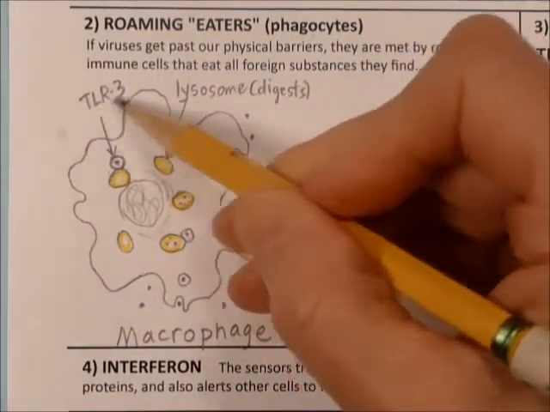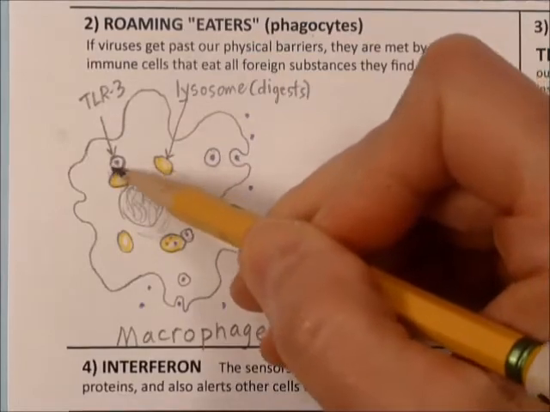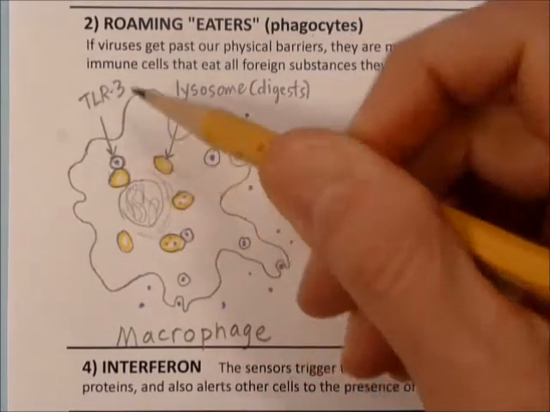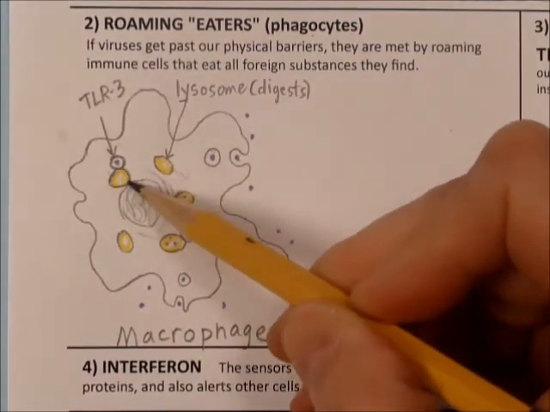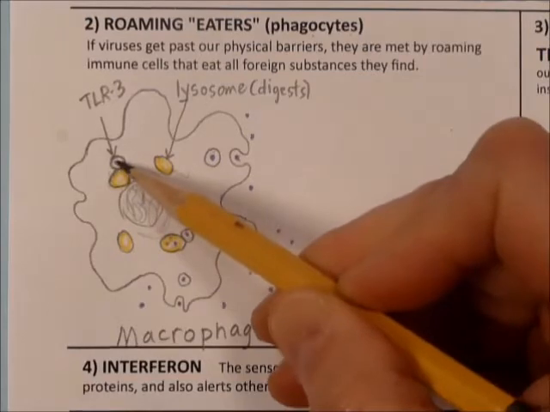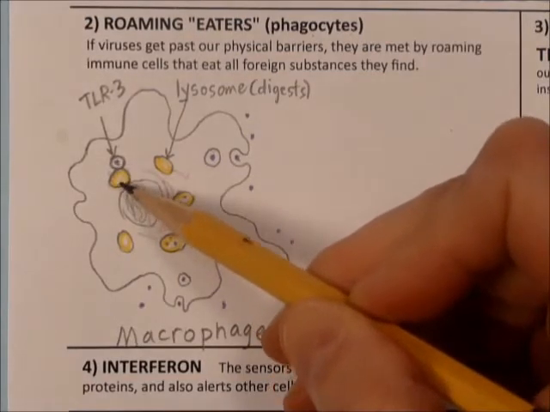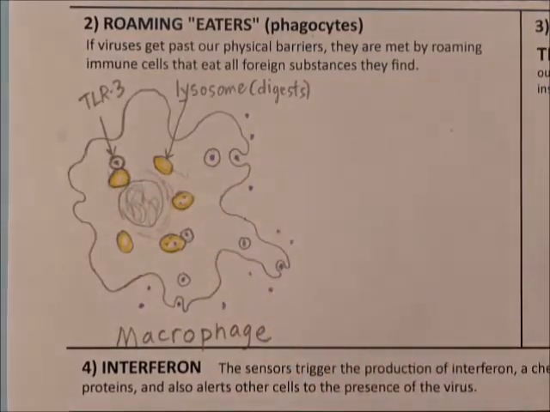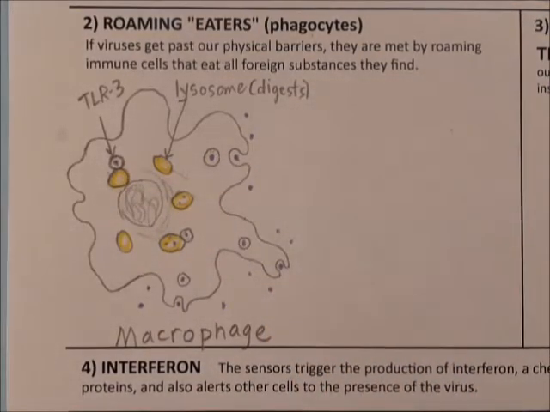They have a viral sensor embedded in the membrane. So if they sense that that little thing they've swallowed is a virus, right away they're going to merge, take it to one of these lysosomes, merge the two together, which will result in the virus being dumped into the lysosome and digested. And we'll talk more about TLR3 in just a minute.